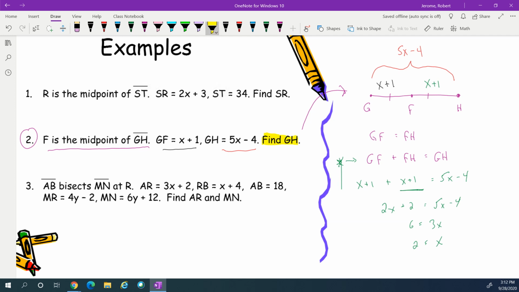Okay, we are always going to find x. But then in this one, we need GH. So GH, they told us, was 5x minus 4. We're going to plug it in. That's 10 minus 4. So GH equals 6.